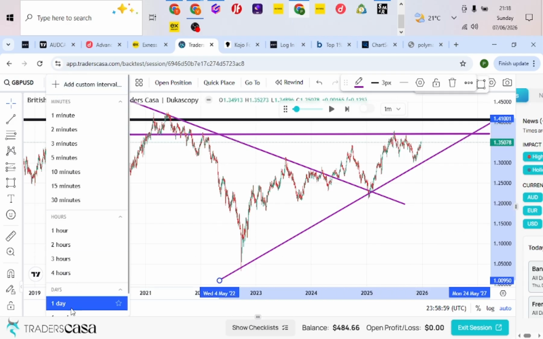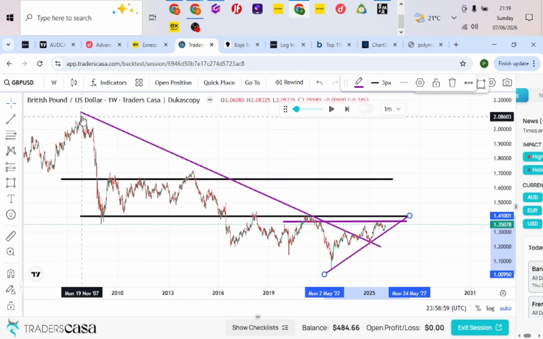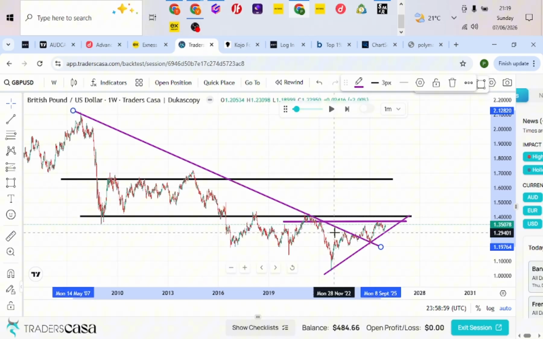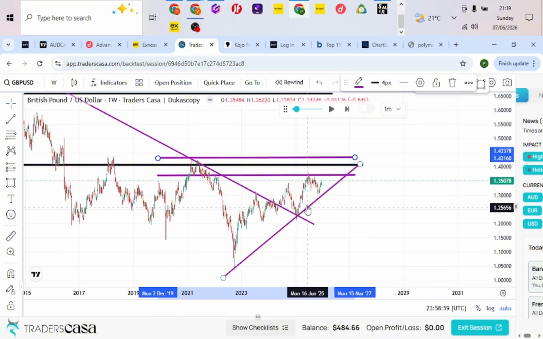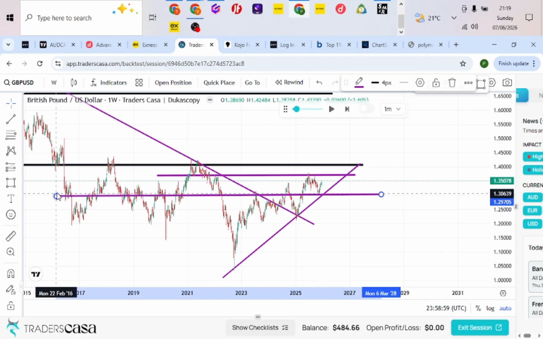On the weekly time frame, we can all see that the price has already broken above the major trend line. Now it has gone in this direction. Let us put another support and resistance here. This is one major characteristic of market structure.